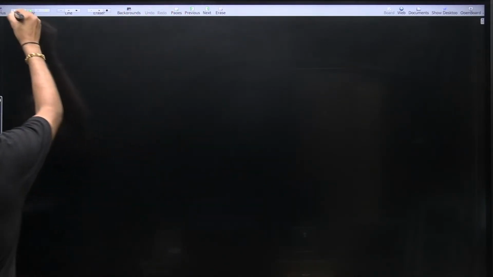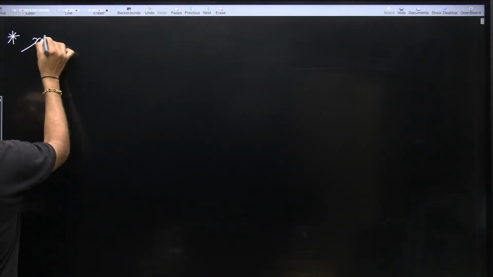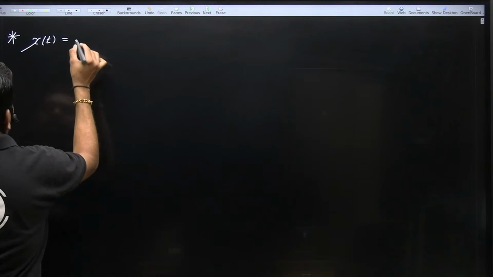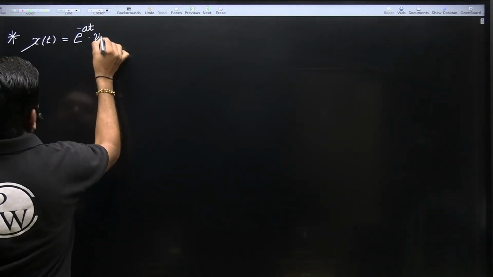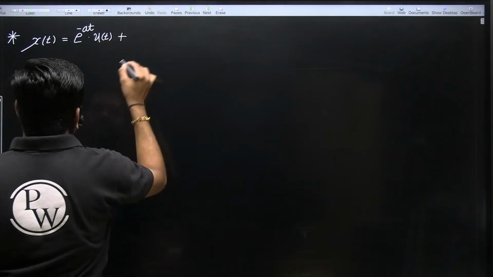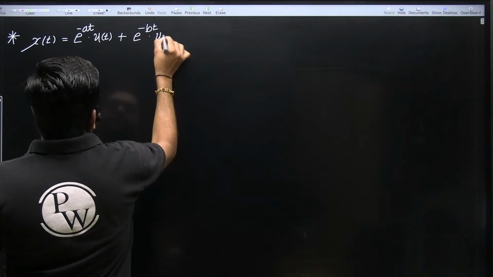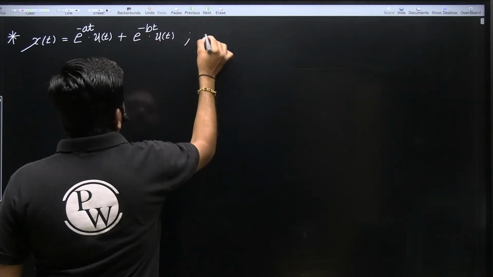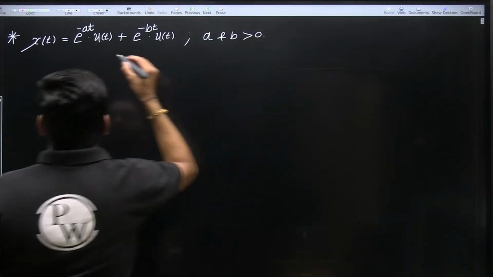So what exactly did we get? If the x(t) signal is e^(-at) u(t) plus e^(-bt) u(t), both should be decreasing, and then the total energy will be finite, where a and b both are greater than 0.